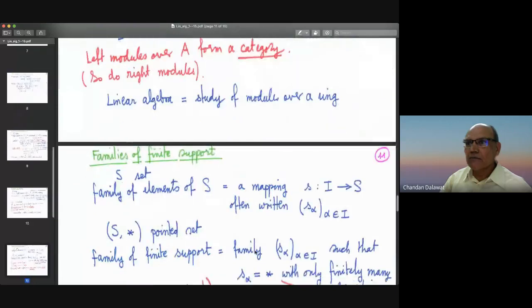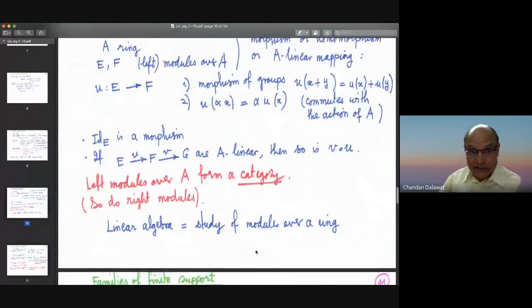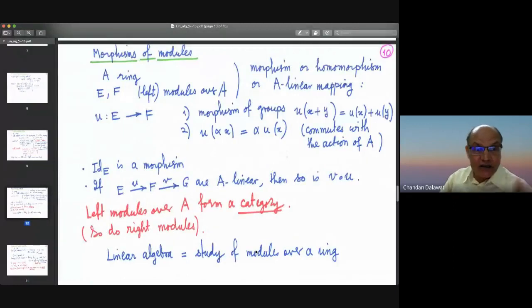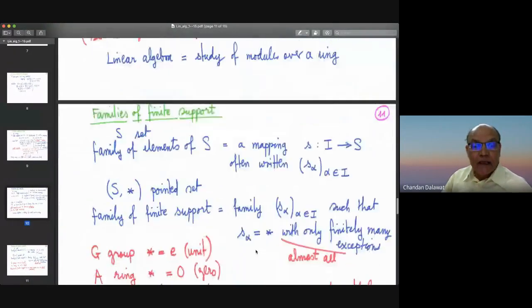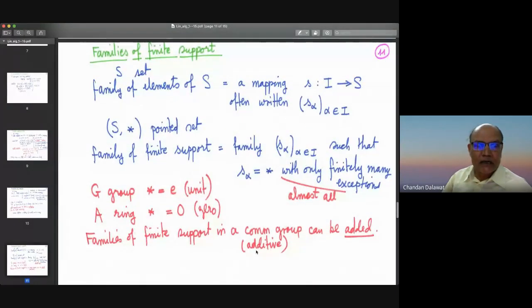So here it is. Okay, so this was just a definition of what a module is and what an A-linear mapping is. Here is a very basic concept, which we will be using this terminology all the time. That's the notion of a family of finite support.